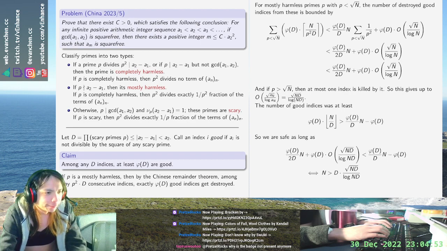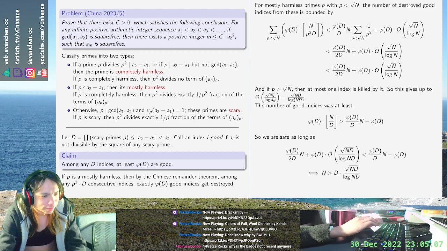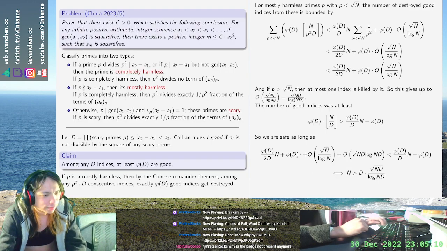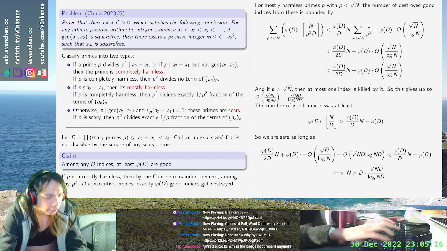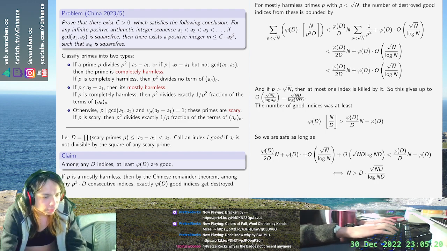Okay, so we're safe as long as phi d nd plus O of root nd log nd. Oh my god, it's actually going to match.